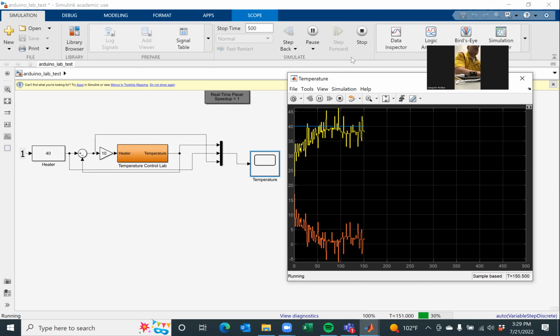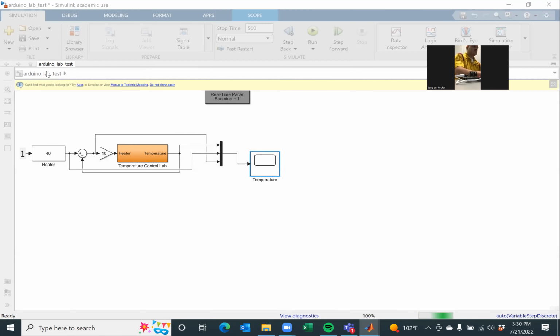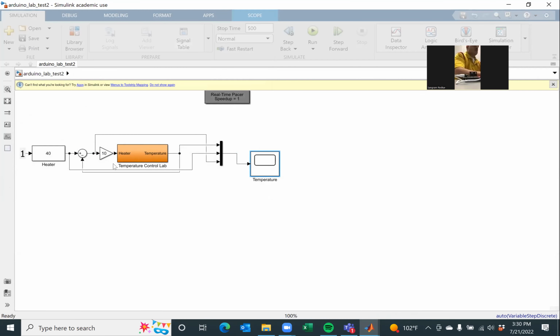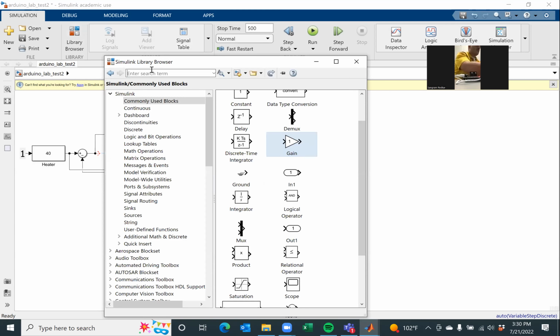So clearly we can add a derivative term, we can add an integral term. So how do we do that? So what I'm going to do is I'm going to save this, save as test2, and I'm going to get rid of this guy, gain. I'm going to go to library. I'm going to say PID.